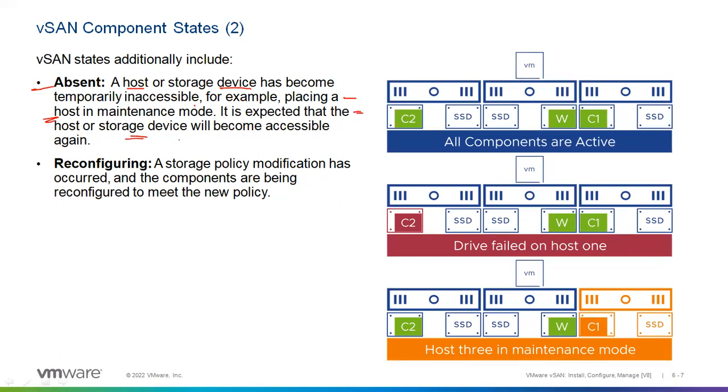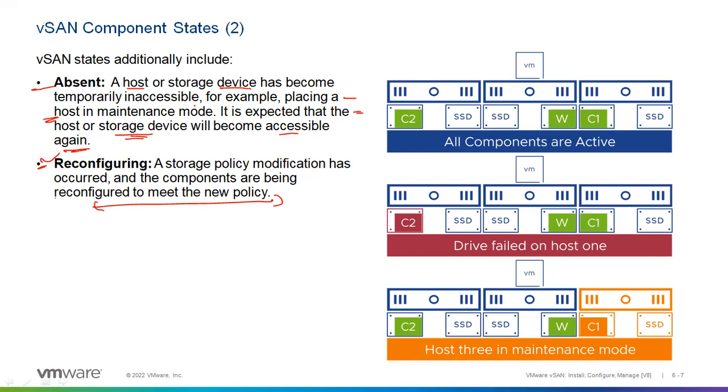We are adding some disk or something like that. So after some time, it will become accessible again. Then there is the reconfigure state. A storage policy modification has occurred and the components are being reconfigured to meet the new policy.